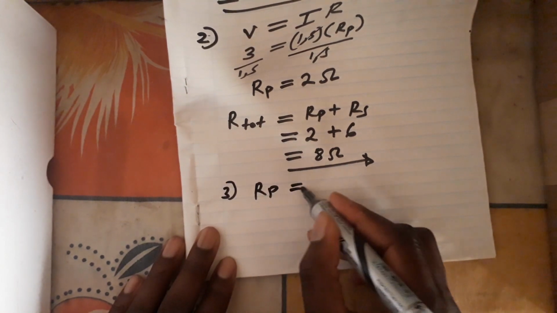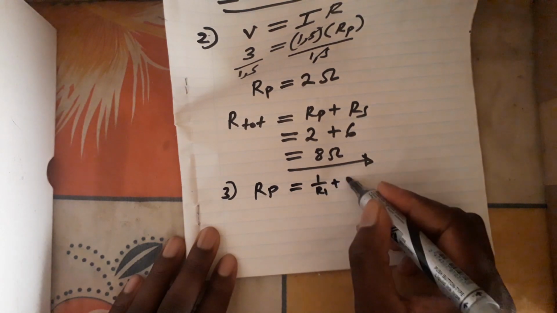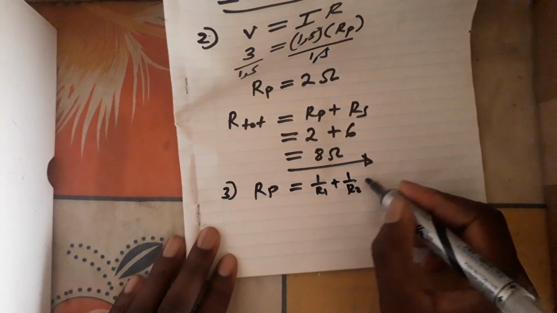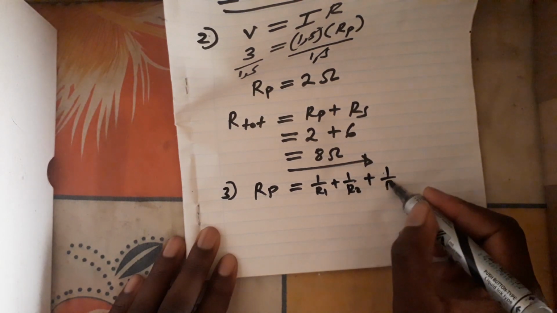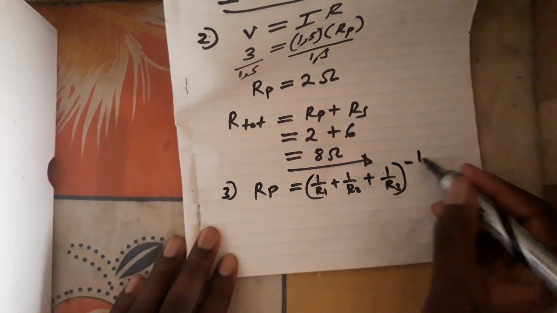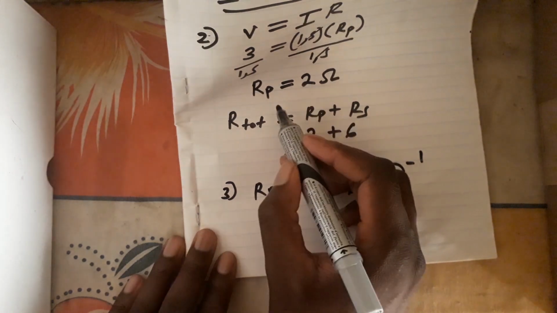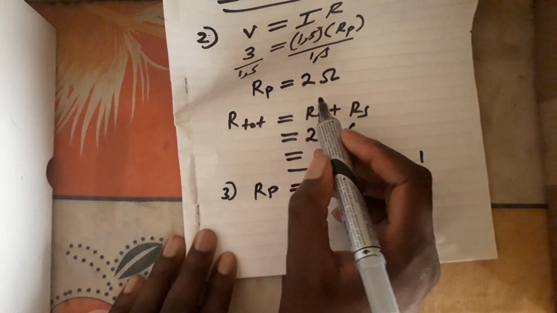Rp is equal to 1 over R1 plus 1 over R2 plus 1 over R3 to the power of negative 1. Rp we got 2 when we were calculating the parallel resistance.